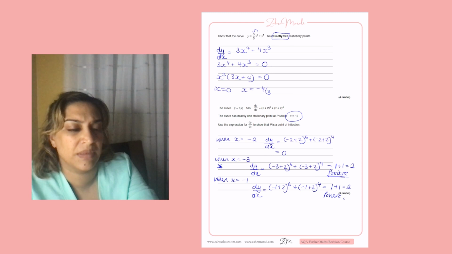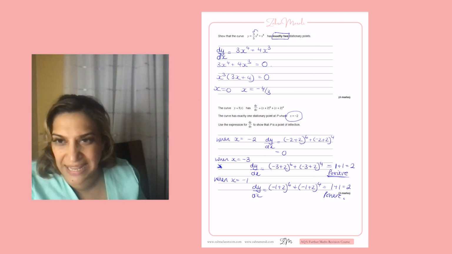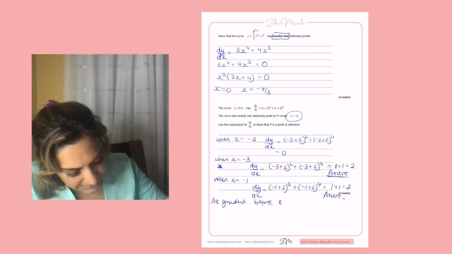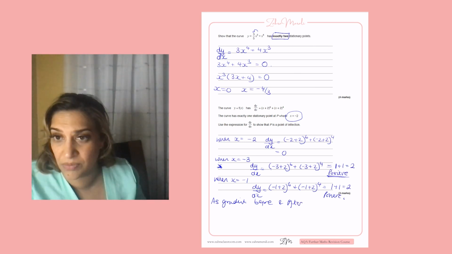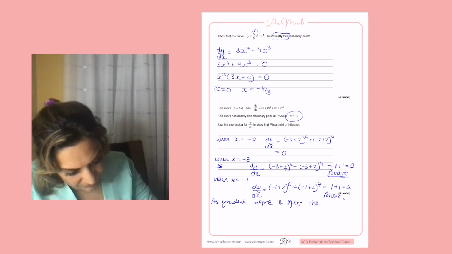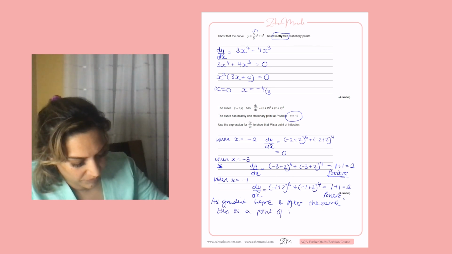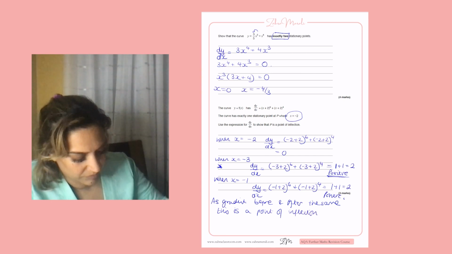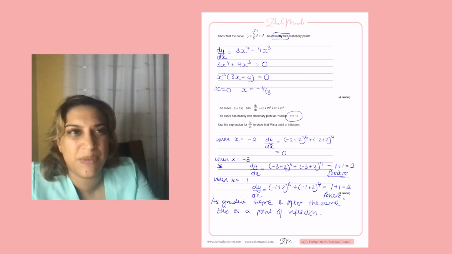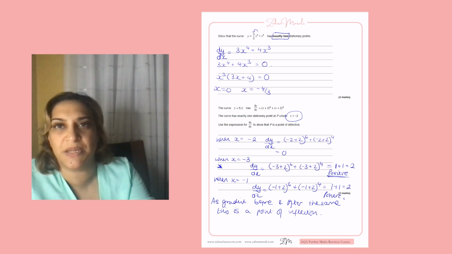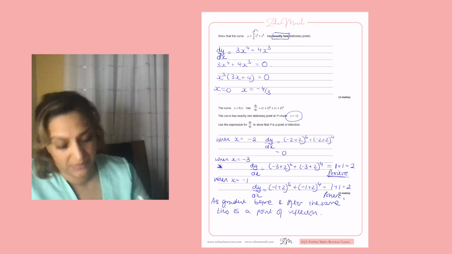So we could say as the gradient before and after is the same, this is a point of inflection. And that would be your method to do that. There are some other methods you could use, but I think this one makes the most sense.